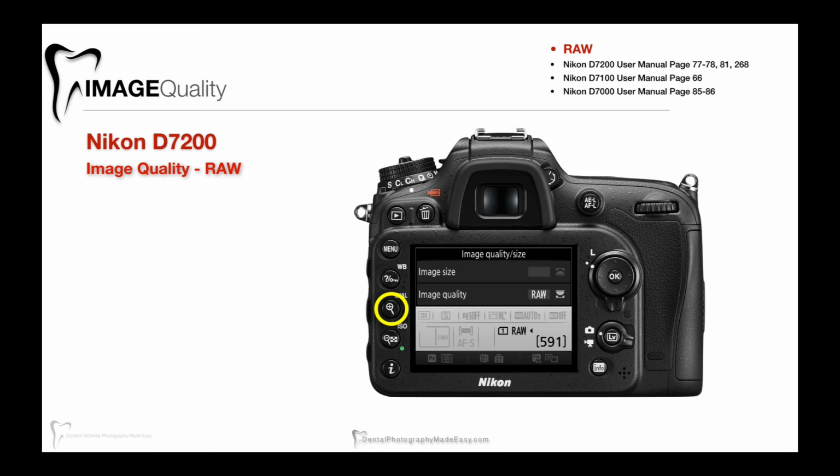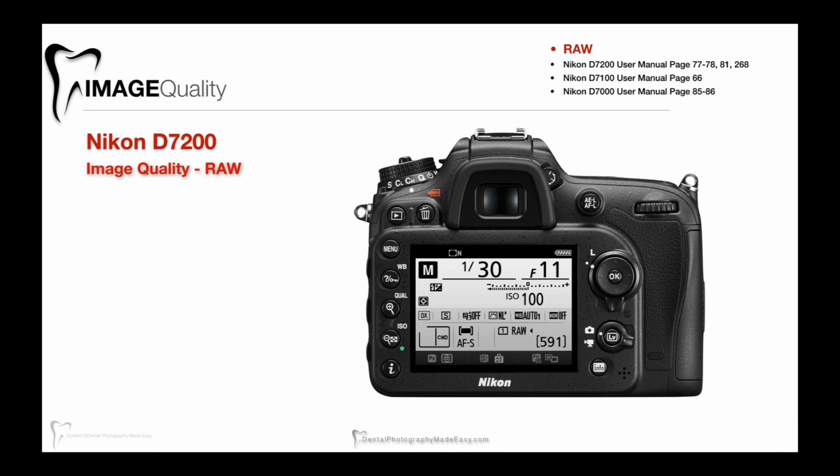But I can use the rear command dial to change the image quality back to JPEG Fine, Normal, or Basic, or RAW plus Fine, RAW plus Normal, RAW plus Basic, so that's shooting RAW and a JPEG file, or just RAW, which is what we want. So once I release that, we have reset and cycled through all the choices and reset it back to RAW, and you can see that right here in the info display window.